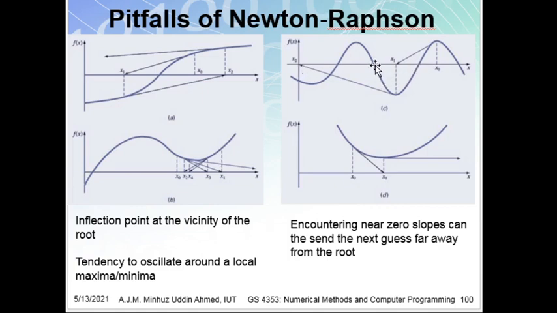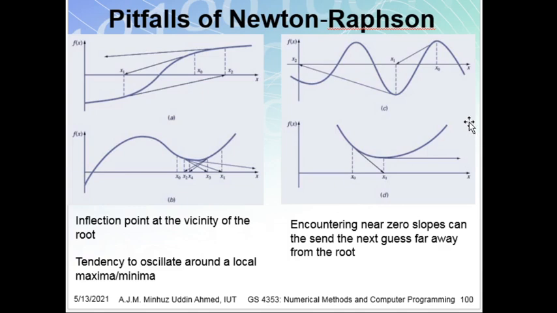Multiple original solutions are there, but rather than taking you to an original solution, it may diverge and go far away from it. Also, when the slope is almost zero, once you reach such a point where the slope is close to zero, it will take you almost to an infinite value, away from the original root. So it might again create problems in the Newton-Raphson method.